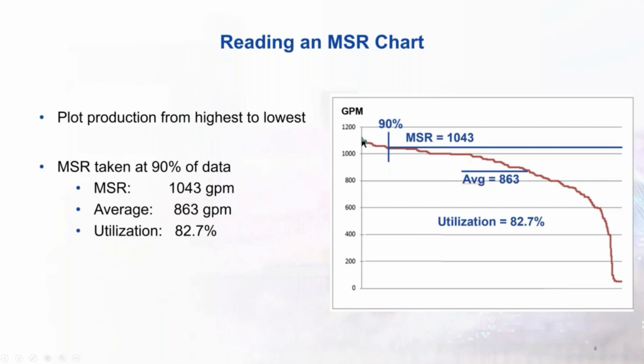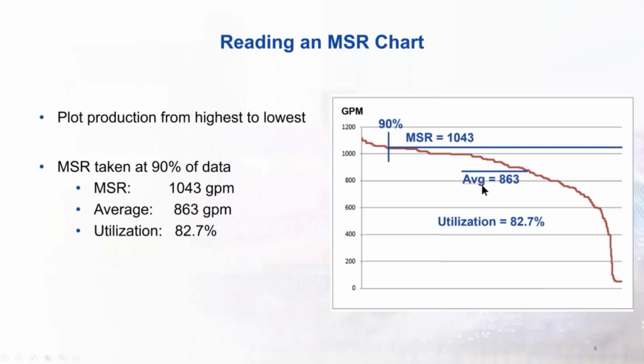You have some that can be 10%, 20% more production. But if you really want to hang your hat on what you can actually do, there's a maximum sustainable rate where you pick, typically people use 90%, the 90% point from the beginning, and that's the point where you can have a sustainable rate. You're not going to try to pick the one-offs here or higher up. We can make this day in and day out. If everybody gets out of our way, this unit can run that fast.